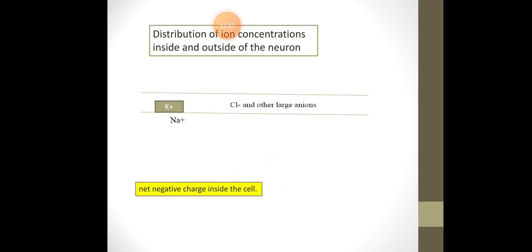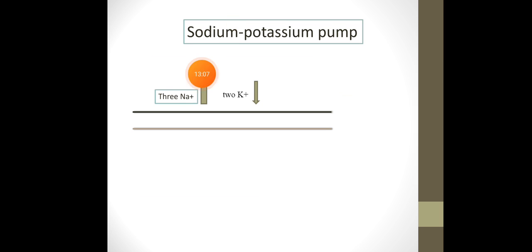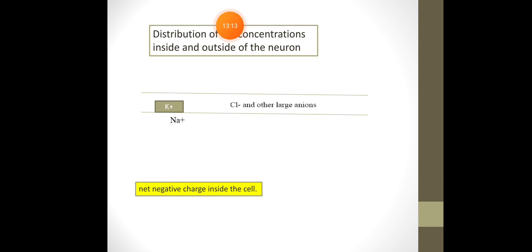The number of potassium channels is higher than sodium channels, so a high amount of potassium moves outside, but a low amount of sodium enters the neuron cells. So in the sodium potassium pump, 3 sodium go outside the cell and only 2 potassium ions enter inside.